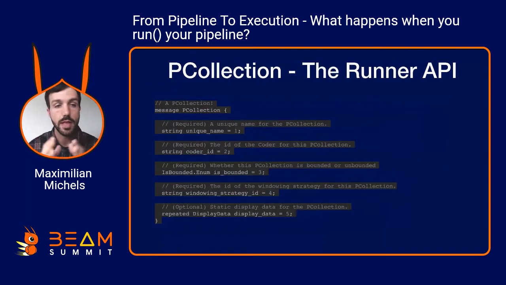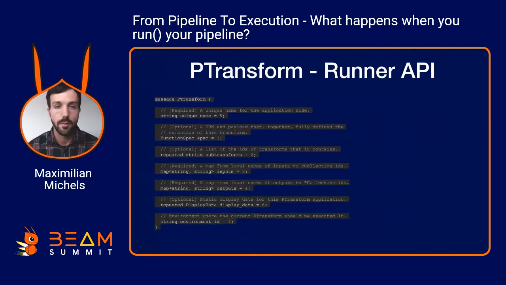Let's take a look at the PCollection. The PCollection just has a unique name, and it has a coder assigned, so we know how to decode and encode data of this PCollection. It also tells you whether it is bounded or not, so we know we can optimize based on this information. And again, window strategy, we don't have to be concerned with this now.